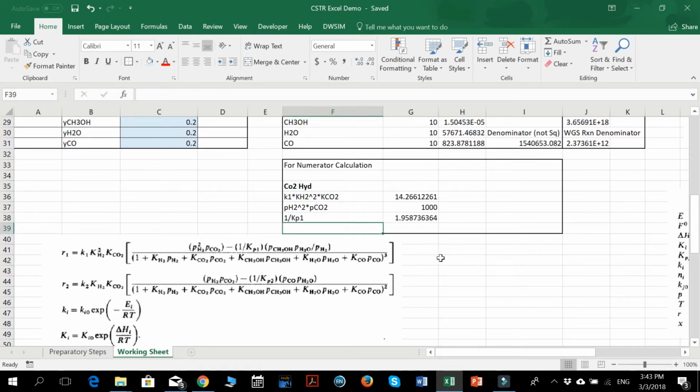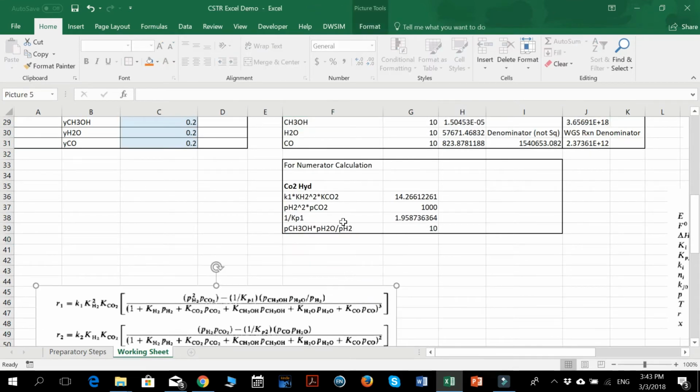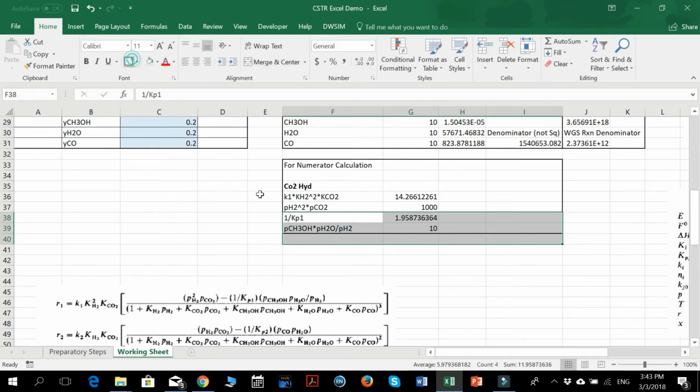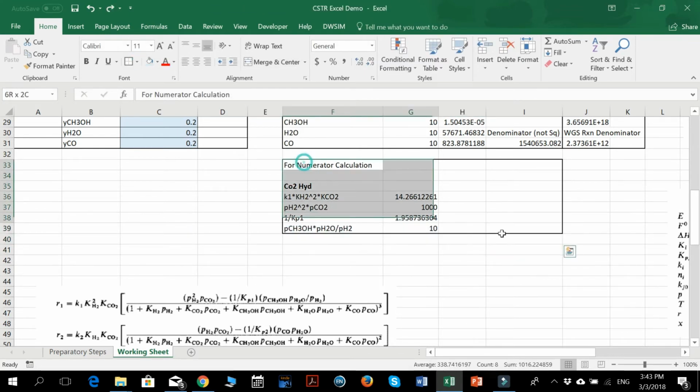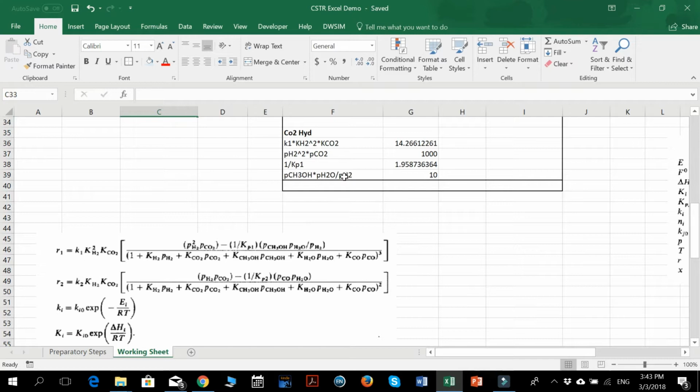I'm going to bold this. So this is what we have, and the last one will be this very messy thing down here: P methanol times P water divided by pH2. So let's have the result at the bottom.